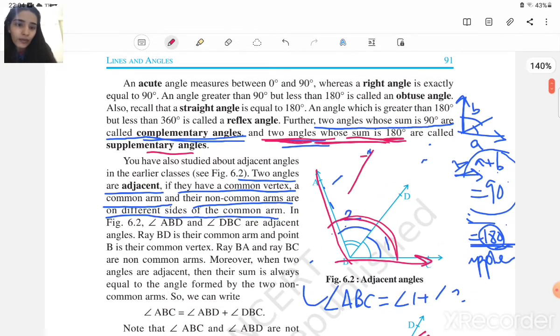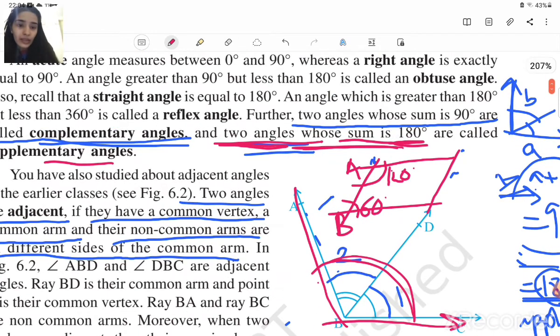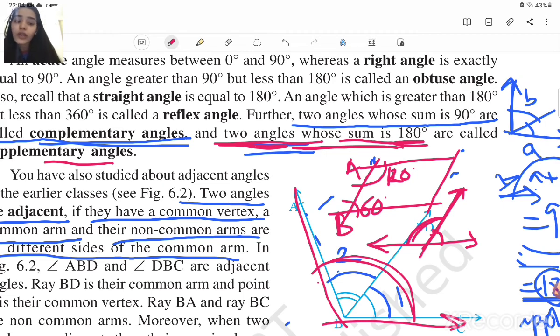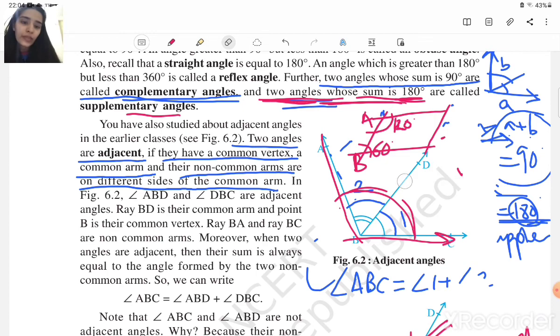If we have a figure like this, where one angle is 120 degrees and the other is 60 degrees, then we can say angle A and angle B are supplementary to each other, as their sum is 180 degrees. But as they do not have a common arm, they do not form a linear pair. A and B are not forming a linear pair, but they are supplementary angles.